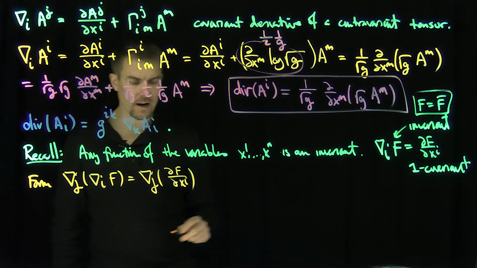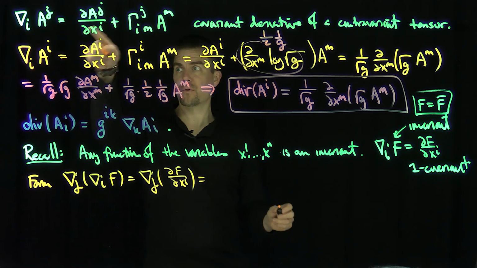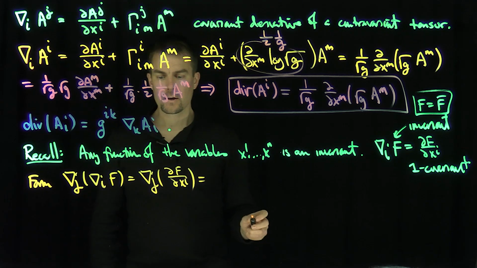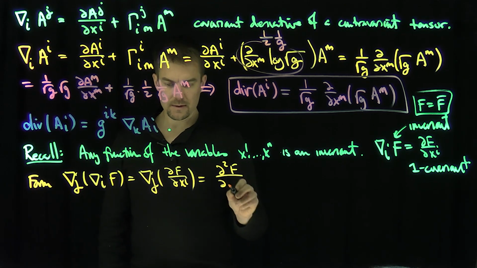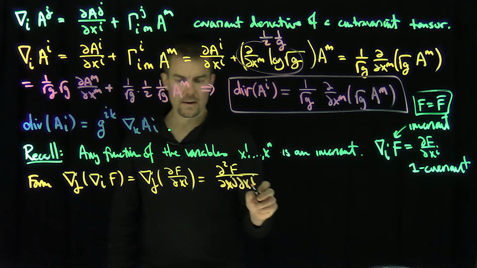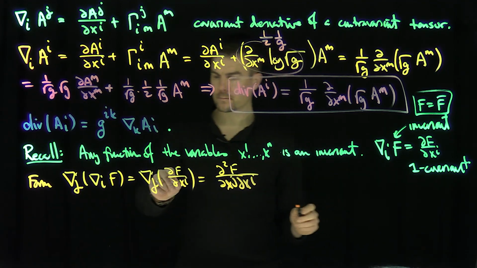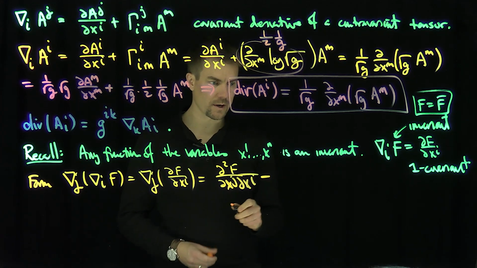Beautiful. And now how do you do a covariant derivative of this thing? It's the second derivative, so remember that we have this formula for it, right? So it's going to be the second derivative, d squared f, dxj dxi. And then it's a contravariant thing, right? So I have to do a minus over here.